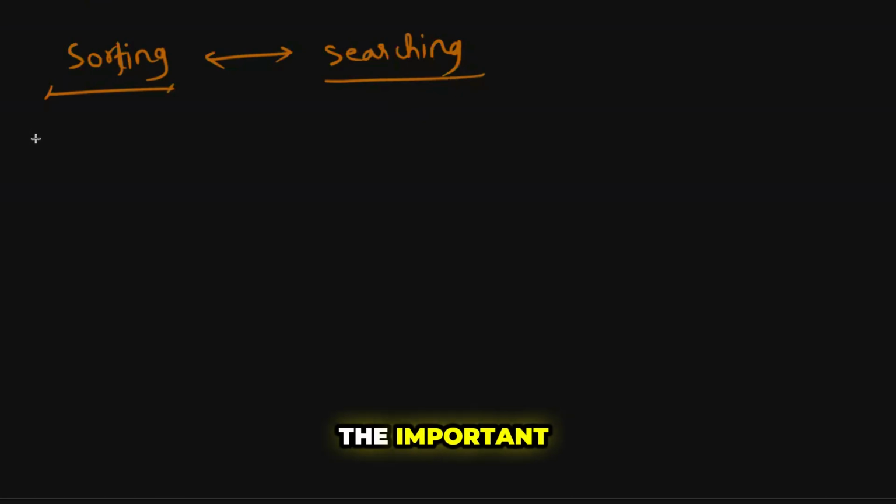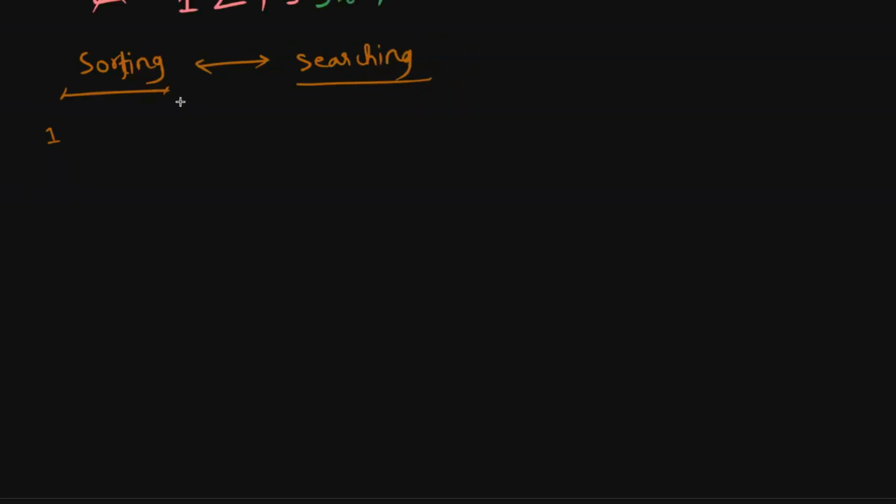The important sorting algorithms, from my point of view, that you should know, for understanding, reading and writing purposes as well, are the bubble sort. Let me write it this way. Okay.